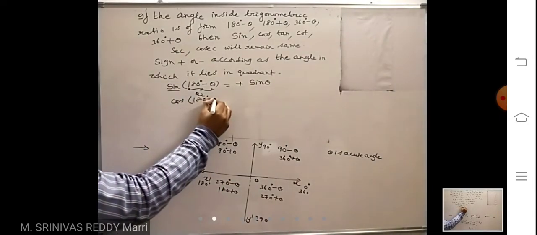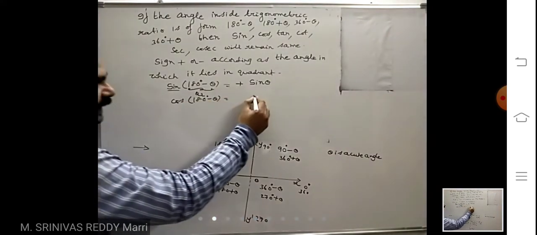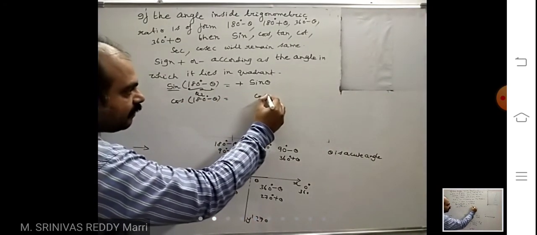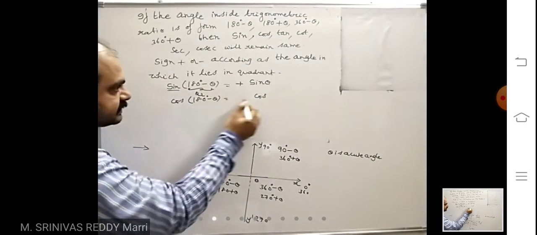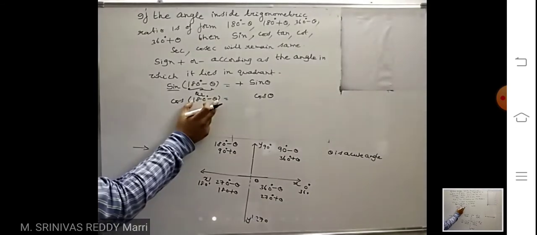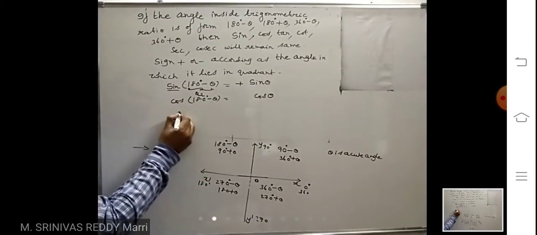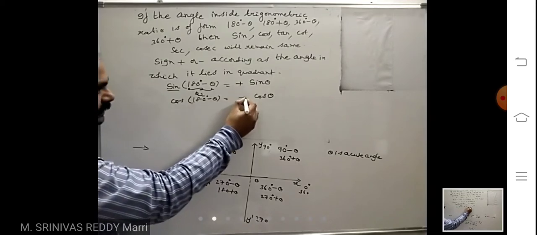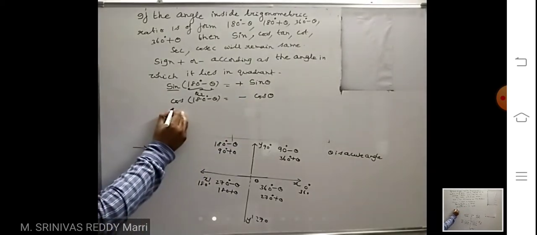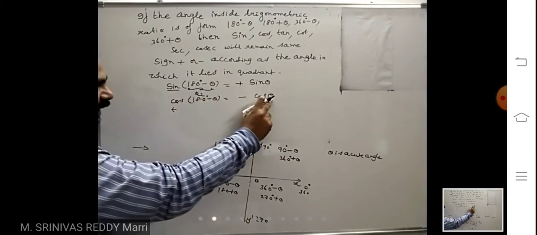Suppose cos of 180 degree minus theta. So 180 degree minus theta means you will write cos theta. Same. If cos is there, write cos only. 180 degree minus theta is in quadrant 2. In quadrant 2, in the question given, cos is what? Minus. So you will write minus cos theta. Just this theta, you write cos theta.